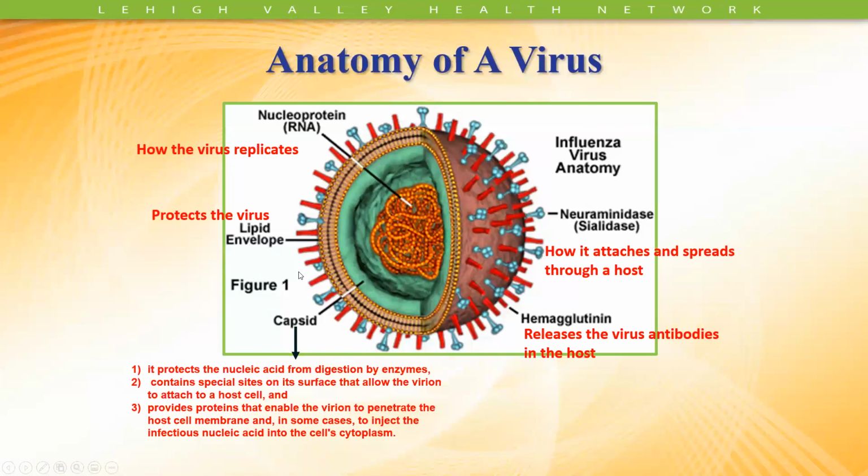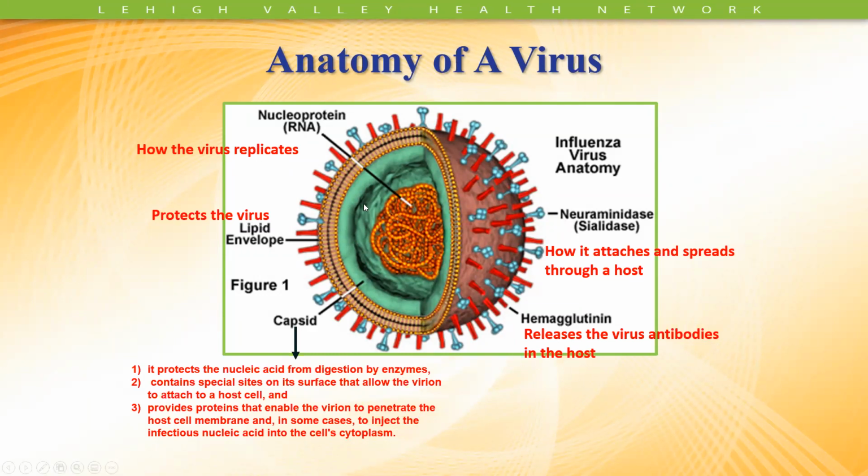So this helps the virus be protected from the host immunity response, or from maybe medications or other types of interventions that would destroy it. The capsid, this green kind of matter here, helps protect the nucleic acid from digestion by enzymes, and it uses the virion to penetrate.